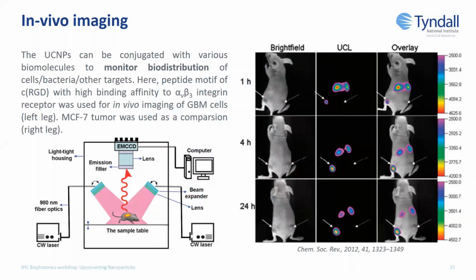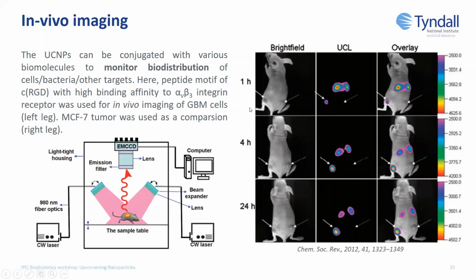Here we were working with glioblastoma brain tumor, and what was shown here is that if we inject the nanoparticles into the mice in vivo and observe the emission at certain intervals, we can notice how the nanoparticles are accumulating preferentially within the tumor. If you look at the right-hand side image on the slide, we can see that the mice were injected with 2 different tumors, just as a comparison to see whether the accumulation would be specific.